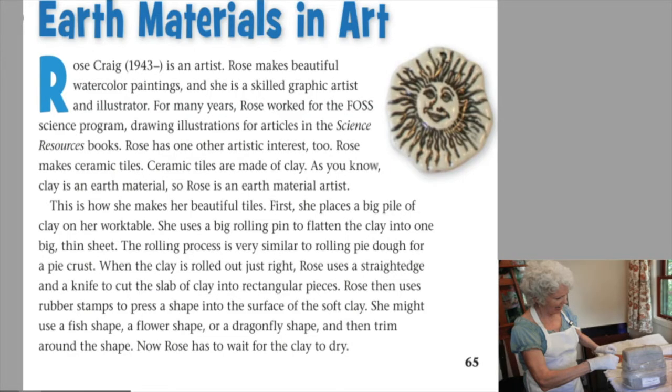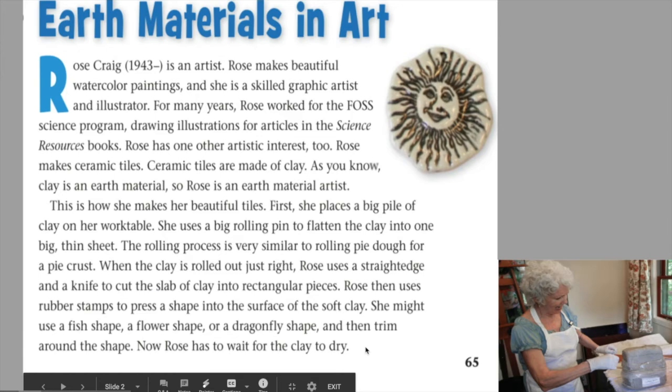Today we are going to do a reading on how these natural resources can be used everywhere, including in art. You can also find this reading on our FOSS ebook.